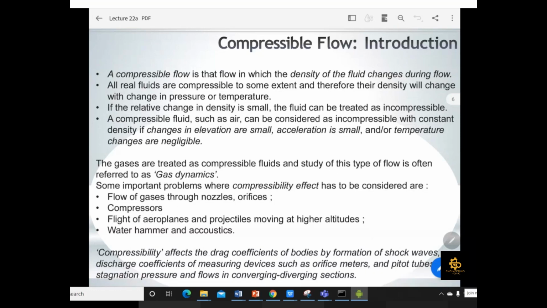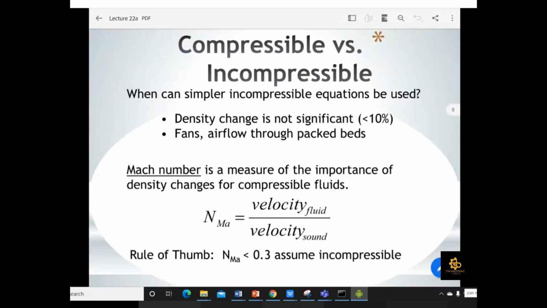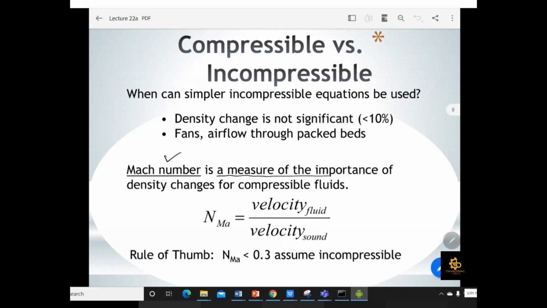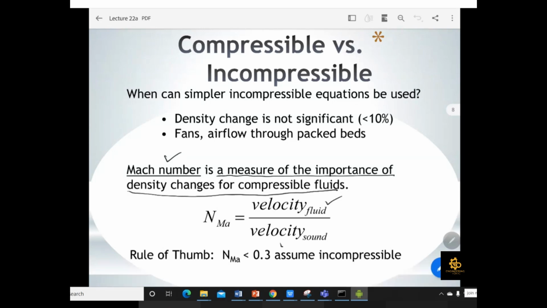Now there is one condition by which we can figure out whether the flow is compressible or incompressible, and that is by using the Mach number. I hope you are already familiar with this term. Mach number is basically the measure of the importance of density change for a compressible fluid, and it is the ratio of the local velocity of the fluid divided by the velocity of sound.